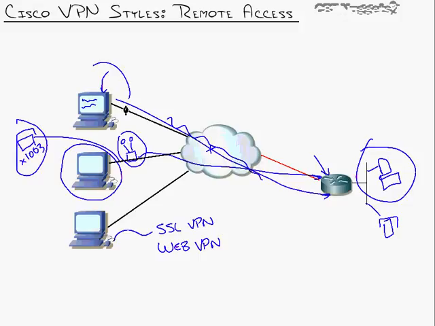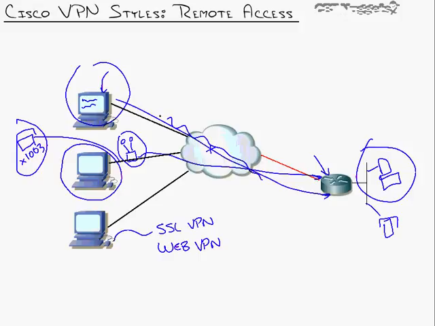Installing the clients on the PC is painful, meaning you as an administrator have to go to that person's laptop, get them set up, get them with the token card if you're using that, or retina scanner, whatever you're using, get them all tweaked out, and then they'll be able to authenticate. That's fine when you've got 1, 2, 5 users, but when you've got 50 or 60 users that need to access the VPN, that's a lot of time.